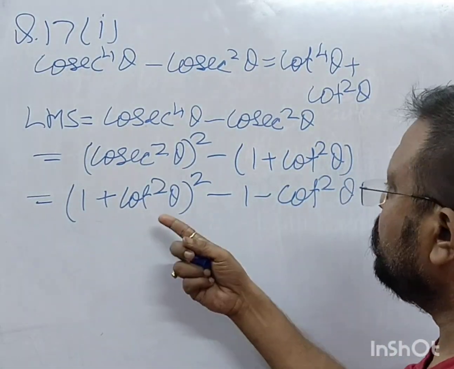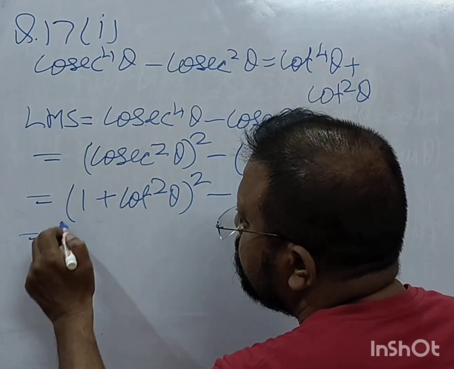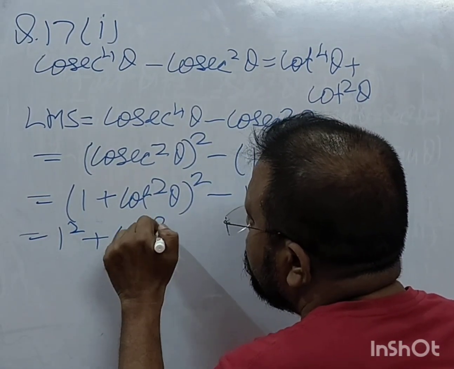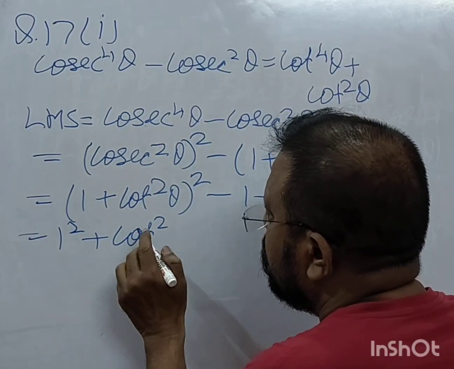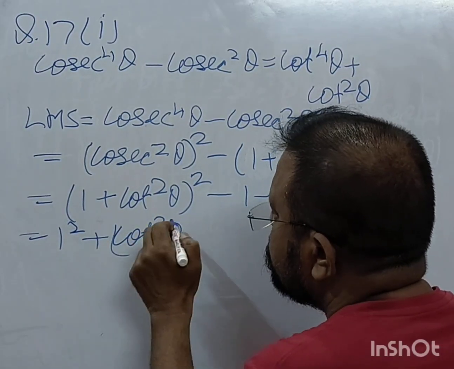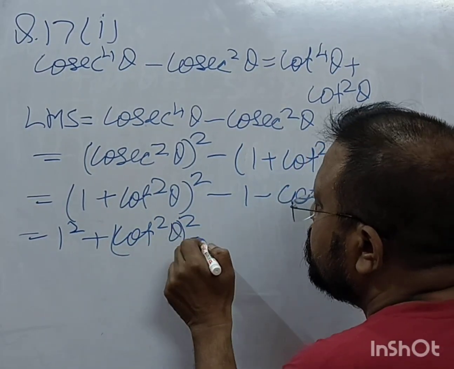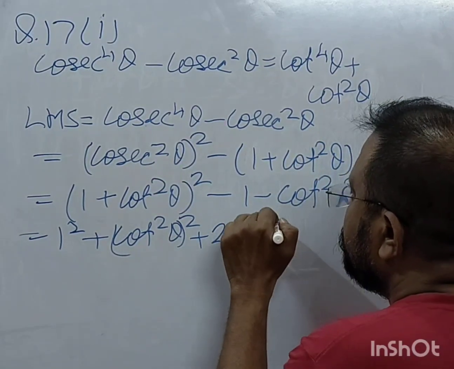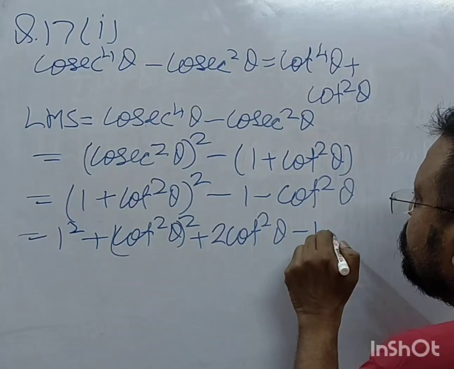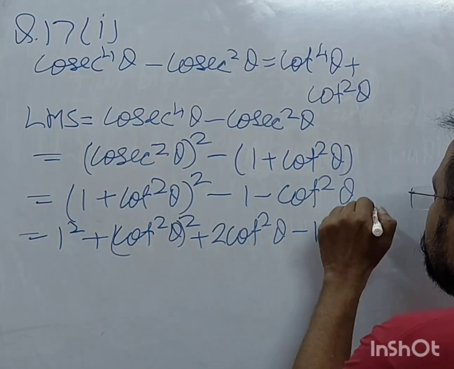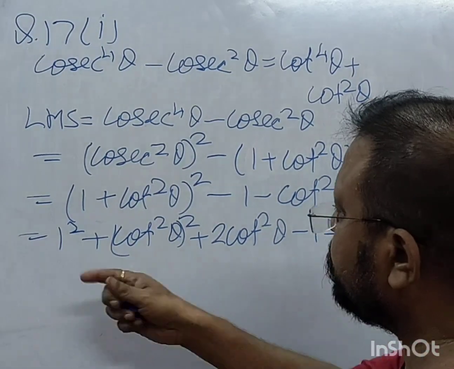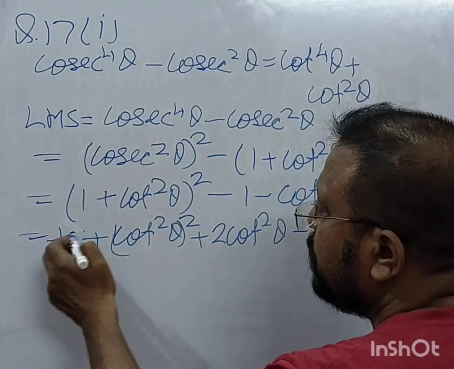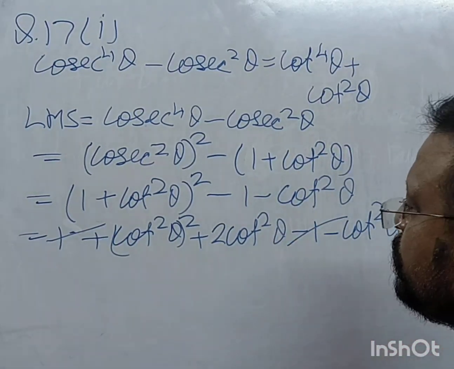When you solve this, 1 square plus (cot square theta) whole square plus 2 cot square theta minus 1 minus cot square theta, right? This 1 square becomes 1, this plus 1 and minus 1 is cancelled out.